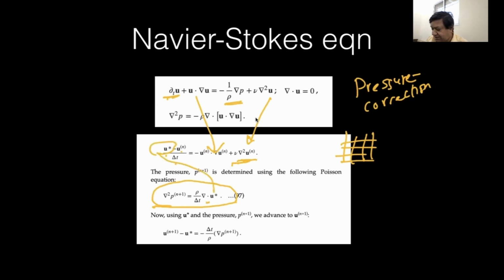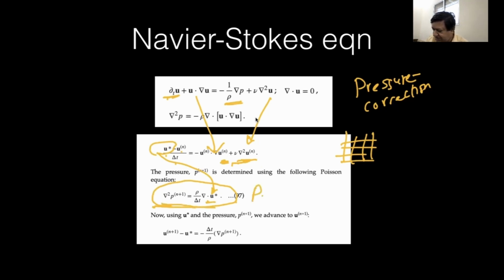I compute the divergence of u star, which is non-zero because I am not putting grad p. Divergence of u would normally be expected to be 0, but u star is not the final velocity at n plus 1. So I compute del dot u star, multiply by rho by delta t, and solve this equation.